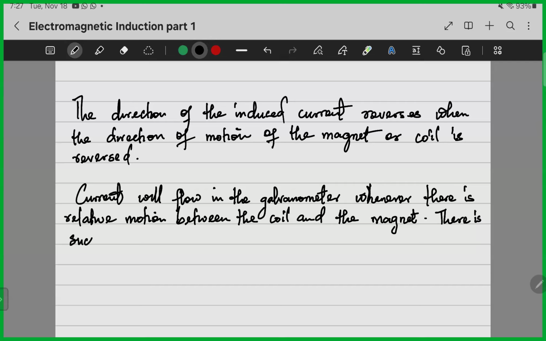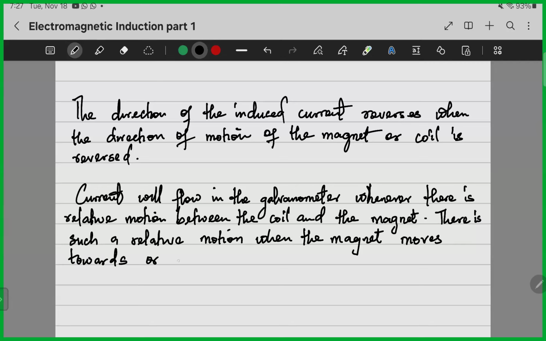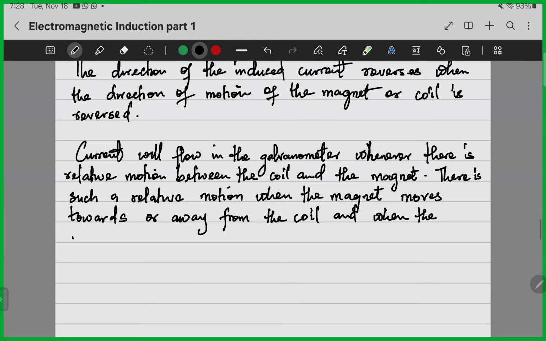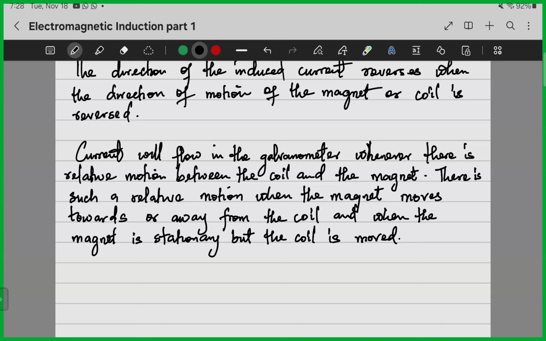There is such a relative motion when the magnet moves towards or away from the coil, and when the magnet is stationary and the coil is moved.